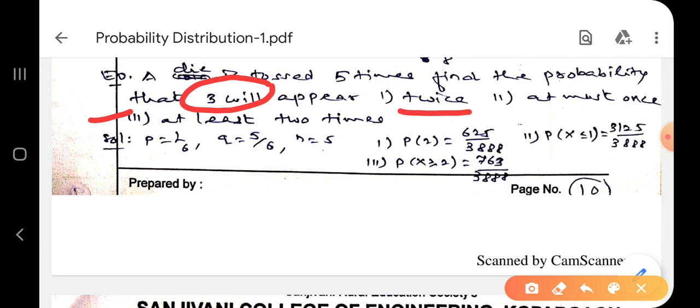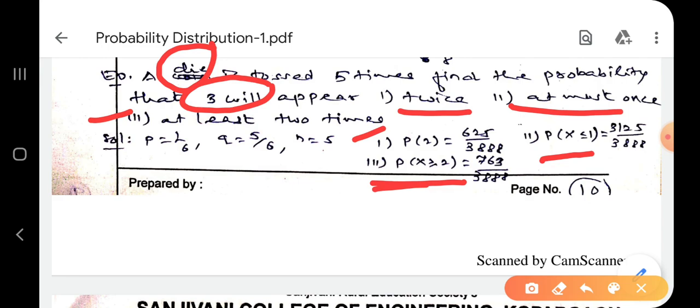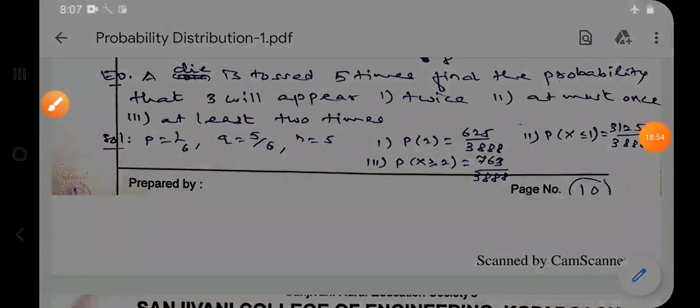Twice means P of 2, then at most 1 means P of x less than or equal to 1, and at least 2 times means P of x greater than or equal to 2. Now we will solve this problem. A die is tossed, not coin, die. A die is tossed 5 times. Okay, let us concentrate on this and solve this problem.